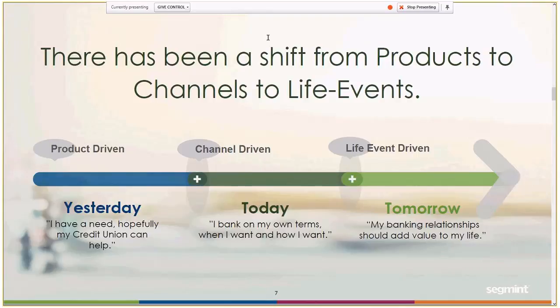As a member of the institution, I not only expect to have a great variety of channels to engage with, I not only expect my institution to have all the products and services I need, I expect the institution to be able to predict and understand, based on the data I'm supplying, when I need those products and make those available to me without me having to ask.